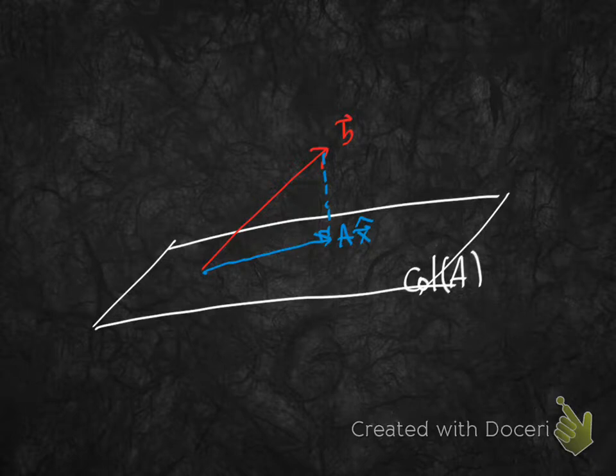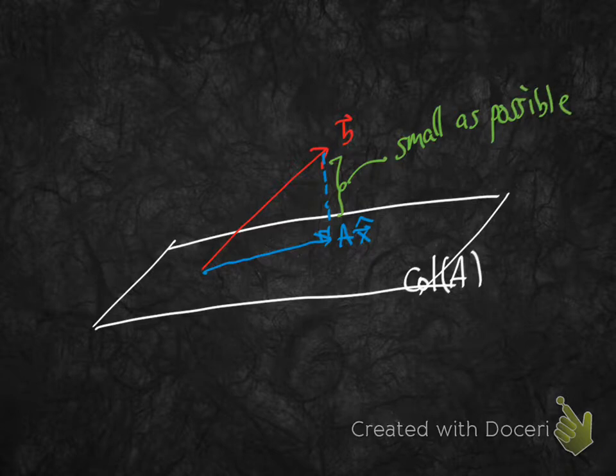And I want the distance between b and A x hat to be as small as possible, right? Because this has to be smaller than the distance between b and Ax for all x in R^n. So I want this distance from b to Ax to be bigger than or equal to the distance from b to A x hat.